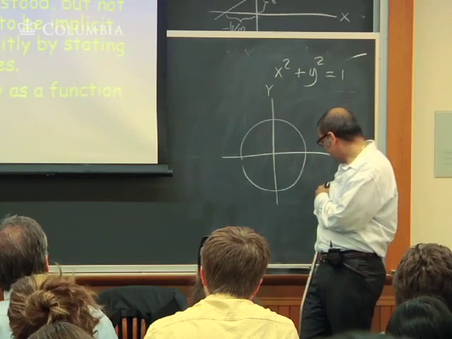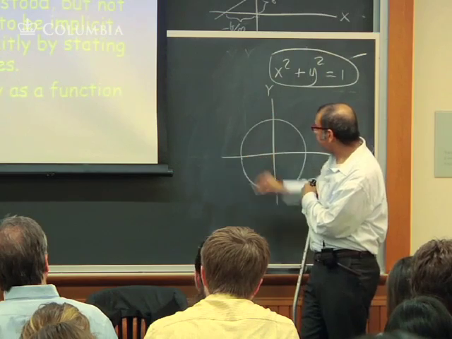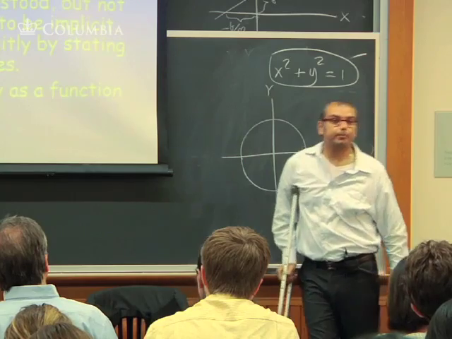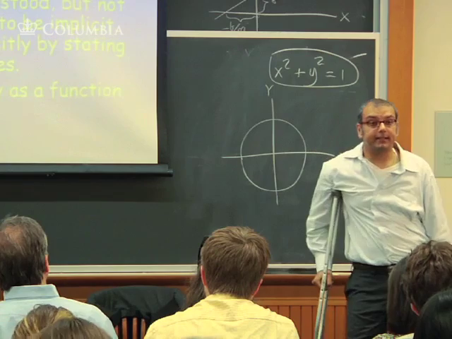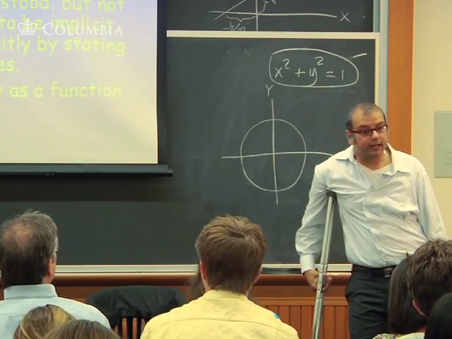I have the same problem. But nevertheless, this condition is useful because it limits the sets of paired x, y's which satisfy that condition. And so once again, you might observe phenomena in the world which satisfy this condition. It may not follow a functional rule, but it limits the set of observations that you might expect to see.